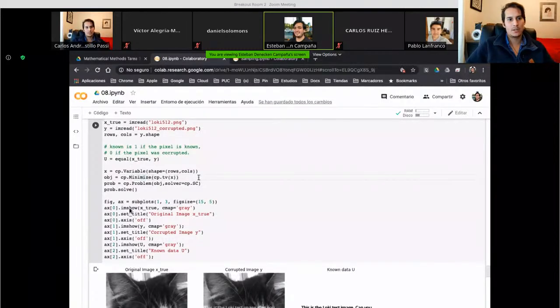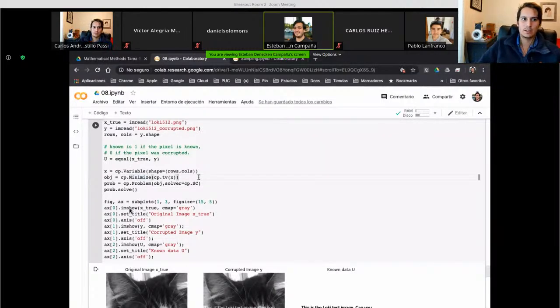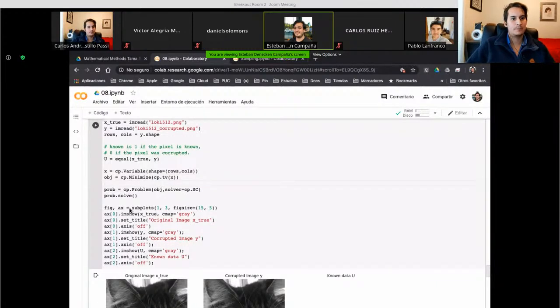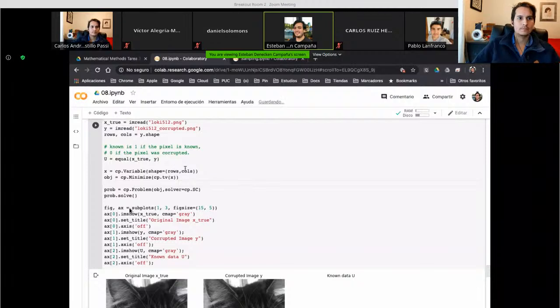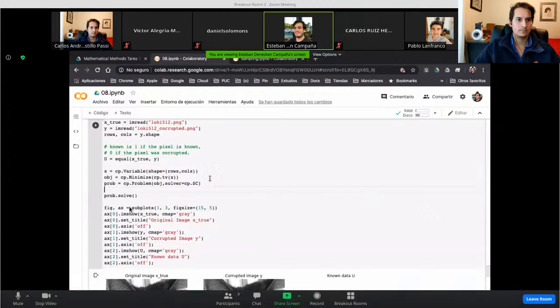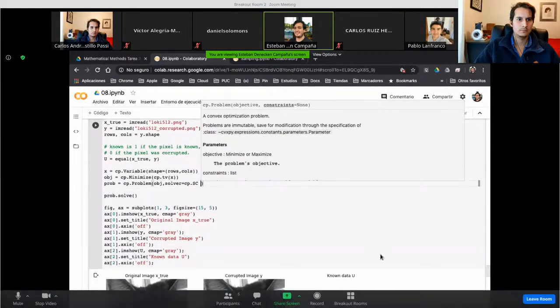It doesn't make sense to add the constraint in the objective function, but probably in the problem. And there you put your constraints.